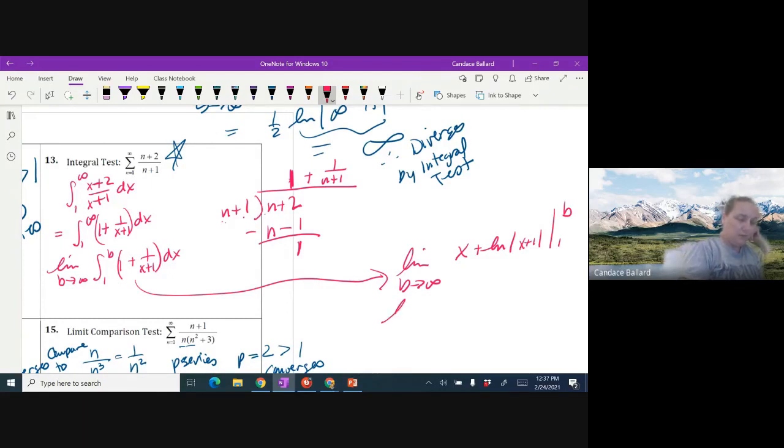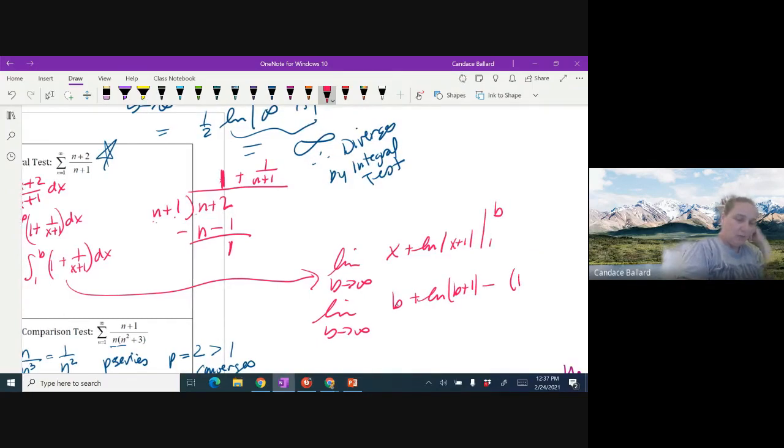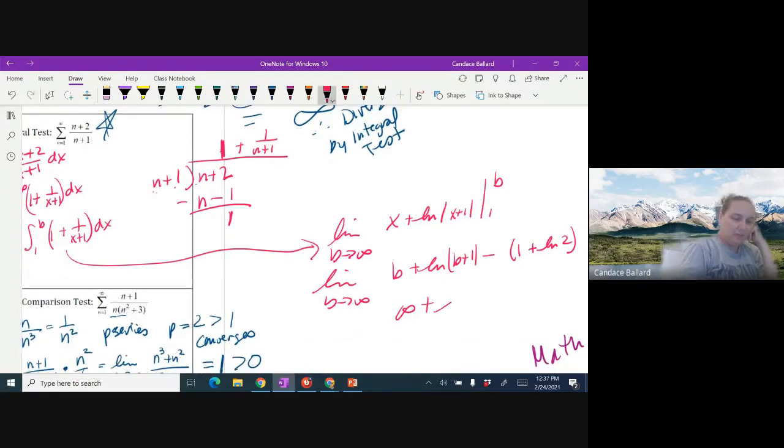And then we're plugging in our b, so the limit as b approaches infinity of b plus natural log of b plus 1 minus 1 plus the natural log absolute value of 2, which is just going to be natural log of 2. Okay. All right, then I plop the infinity into there, so I get infinity plus natural log of infinity minus whatever this number is. And that's huge, so it's going to be infinity.